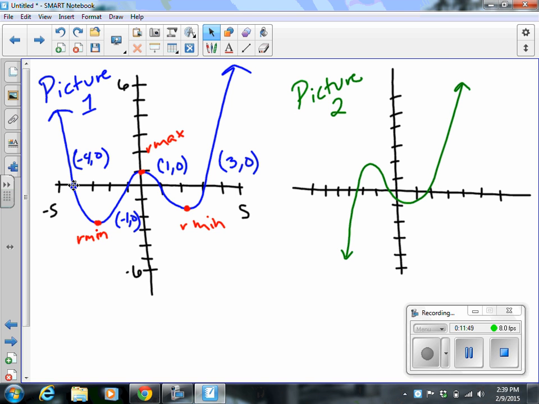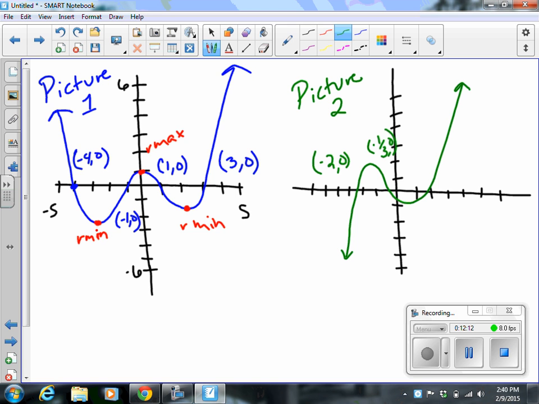Looking at my second picture, I have a root at approximately -2, 0. I have another one. I'm going to say that's about -1/3, 0.